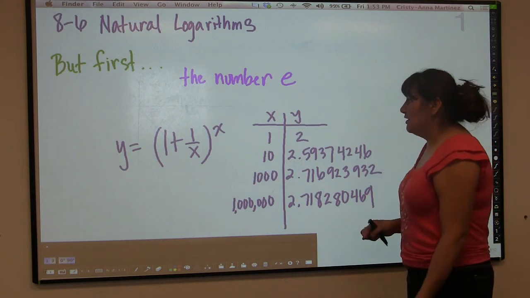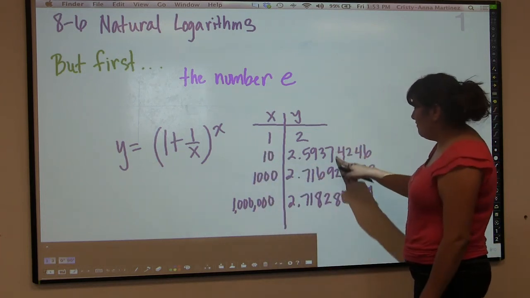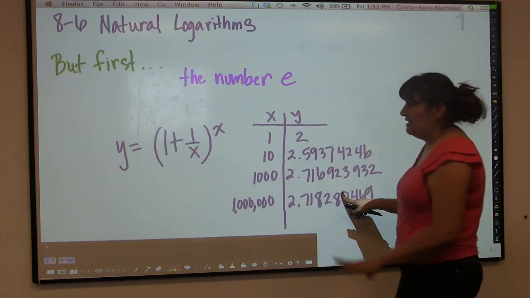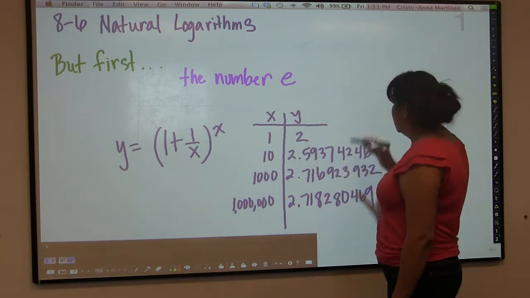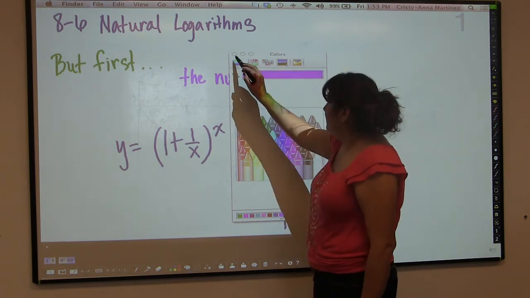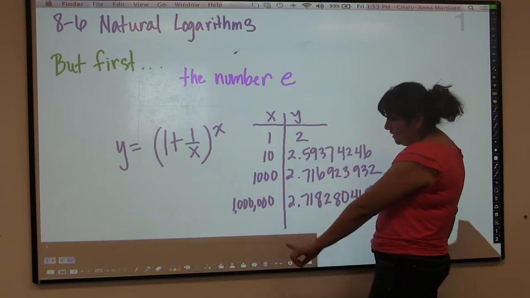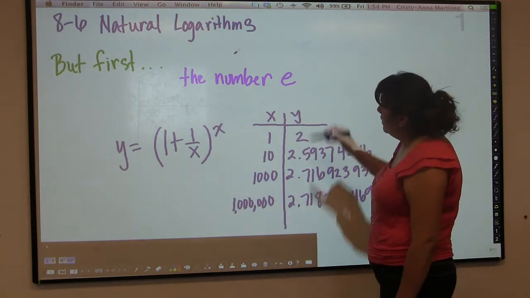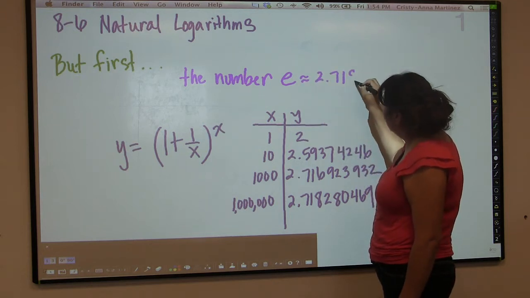But basically what you see is that as x gets really, really large, the y values are starting to approach a number. And believe it or not, based on that expression, that's basically what the number e is. So we can now say, and I don't know if you're convinced yet or not, but if you don't believe me, you can keep putting in really large numbers for x, like 10 million or something, and you will see that the number e is approximately 2.718.